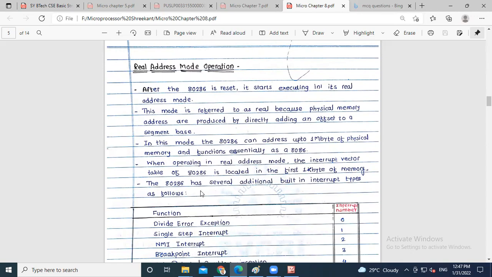So the 80286 has several additional built-in interrupt types.